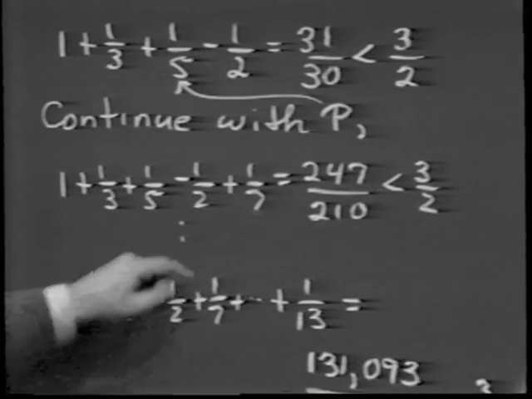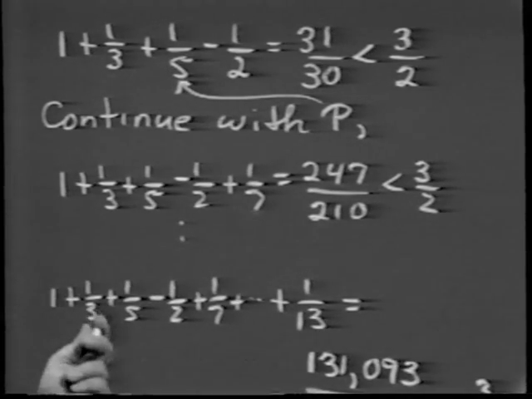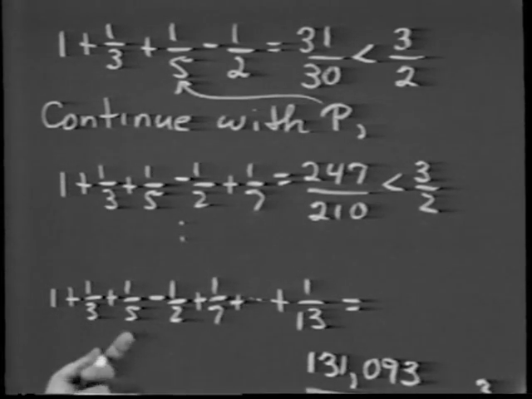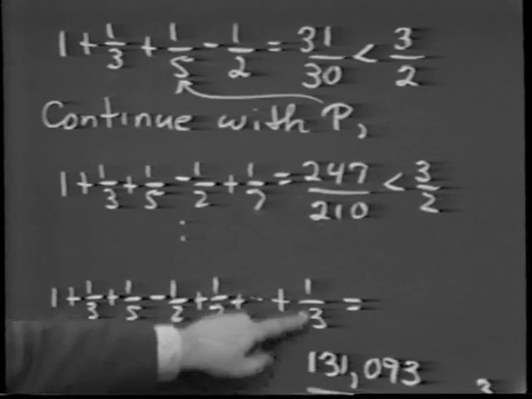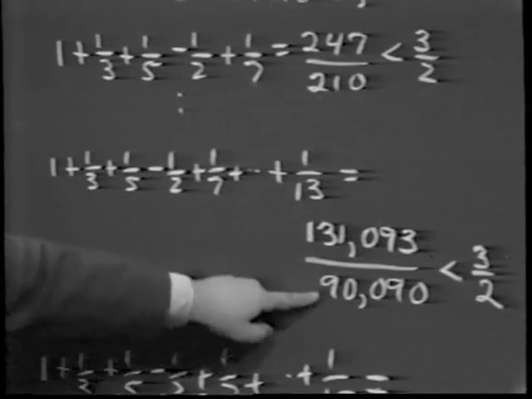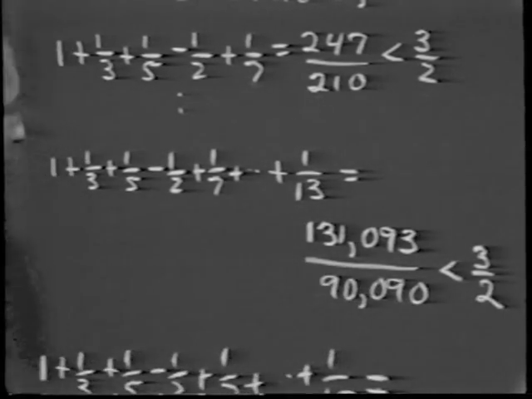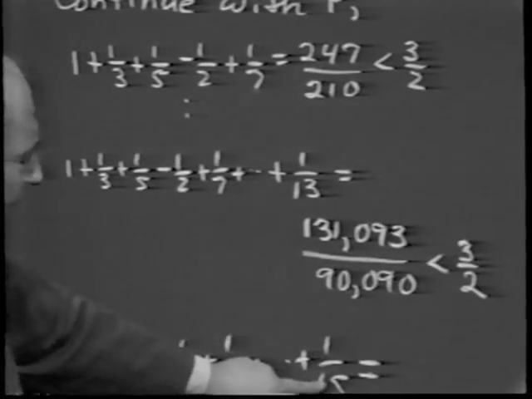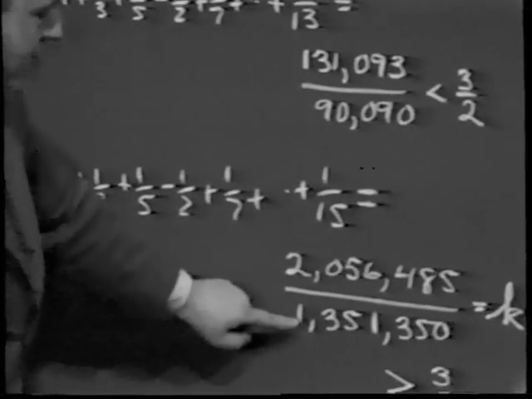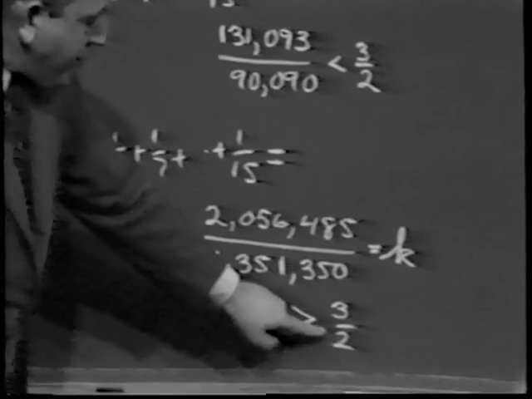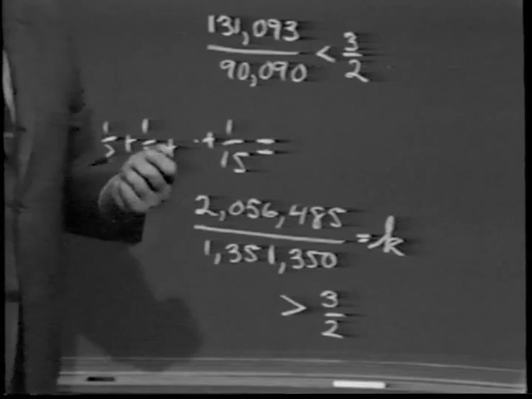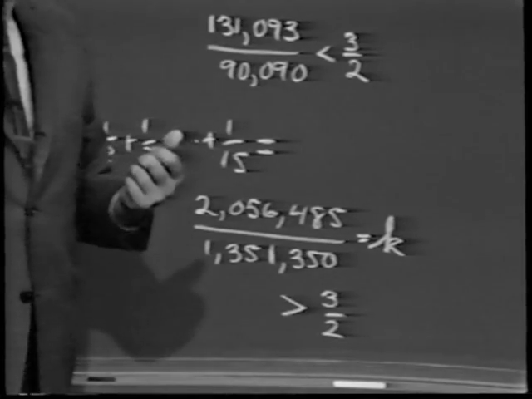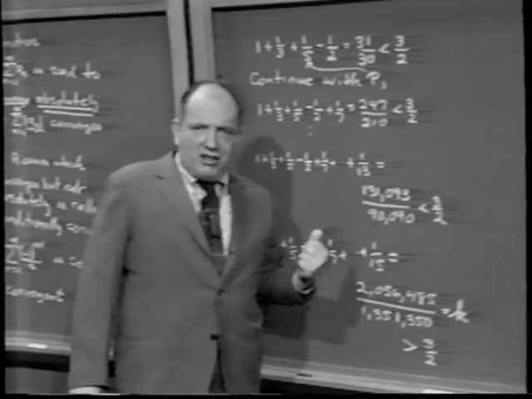And to spare you the gory details, and believe me, they are gory, I worked it out myself without a desk calculator, this gets to be a mess. It turns out that when I add on 1/13, the sum is still less than 3/2, but then I add on 1/15, the sum gets to be this, which I simply call k. That turns out to be greater than 3/2. Then I return to my series of negative terms, tack those on until the sum falls below.